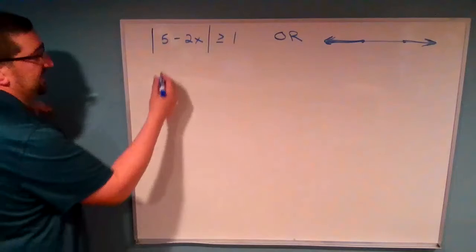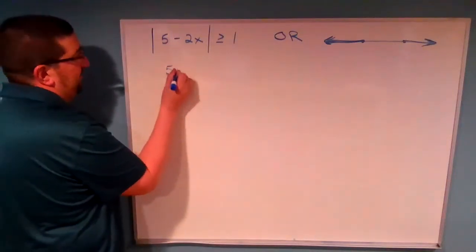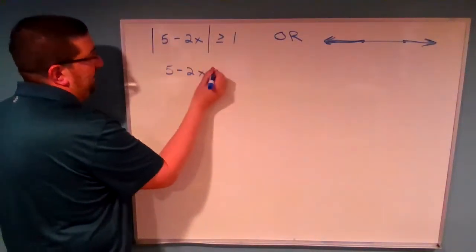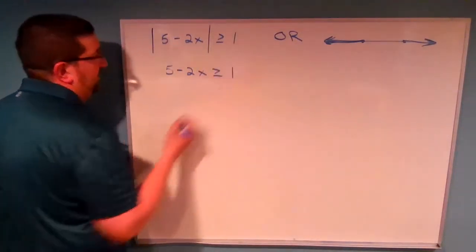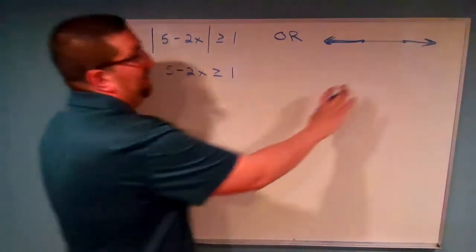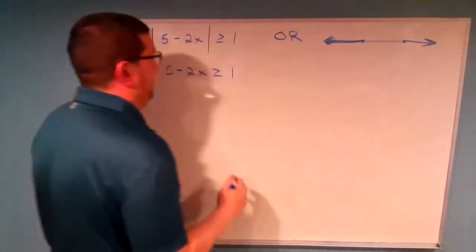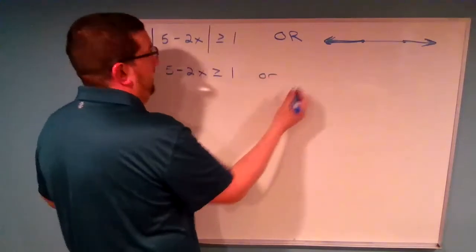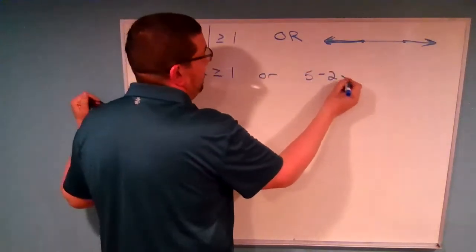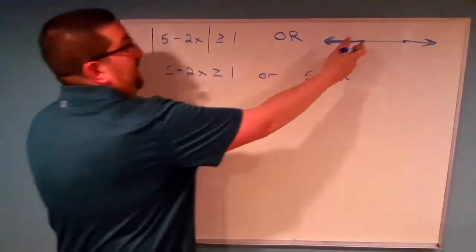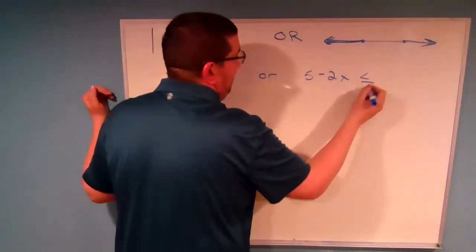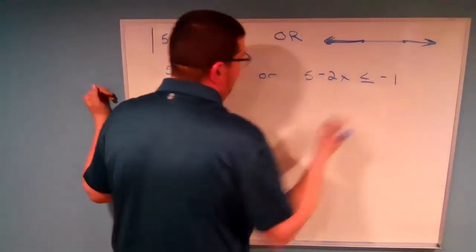So follow the same rules here. This is going to be 5 minus 2x would be greater than or equal to 1. That would represent that upper end. Or 5 minus 2x would be less than or equal to negative 1.